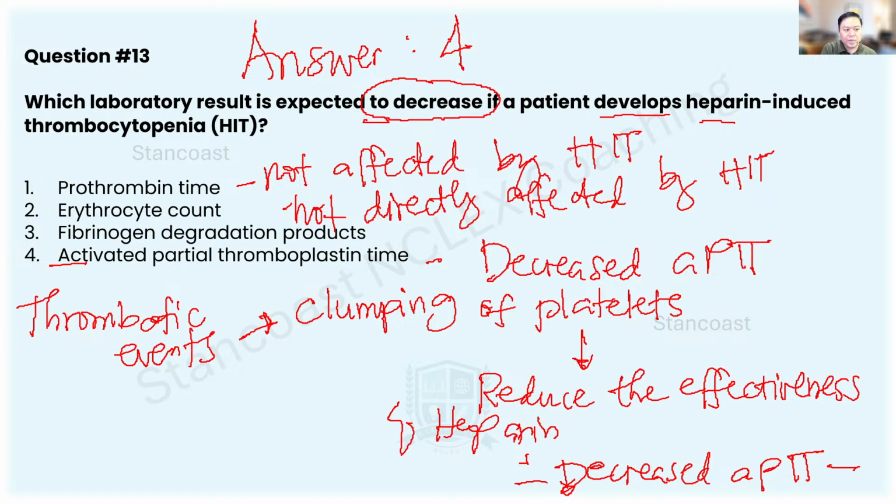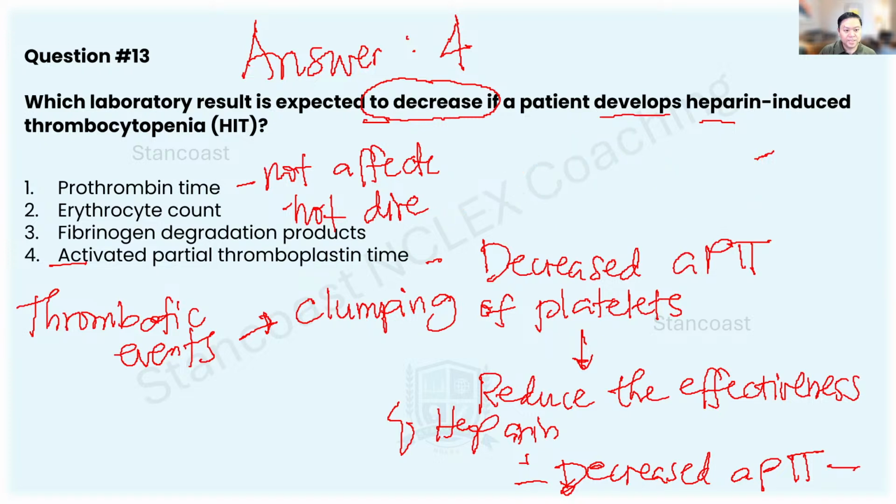Now, what about the fibrinogen degradation products? What do you think about that one? What we know about the fibrinogen degradation products is that they are the markers that can show how quickly the blood clots break down, but HIT doesn't usually change the marker, so they're not going to be expected to decrease in HIT. Again, let me explain, but I need to get rid of this. I need more room.